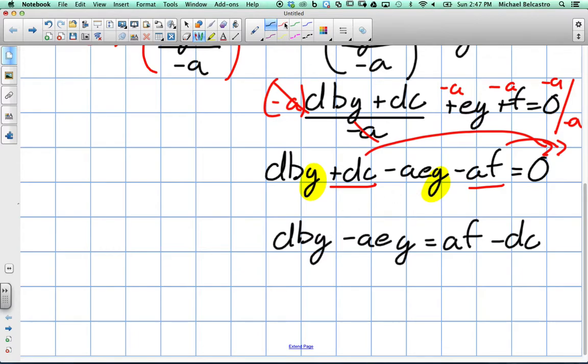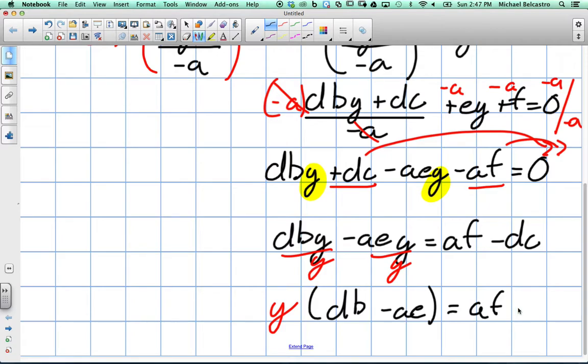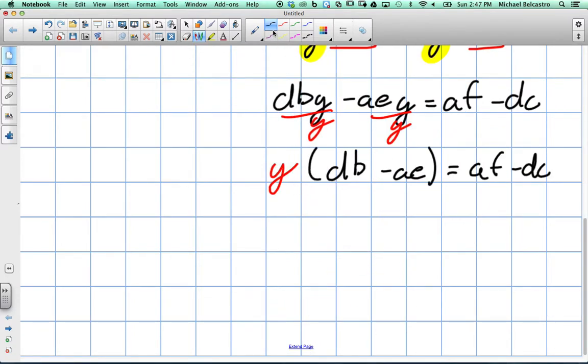Now here what we're going to do is something called common factoring. So we're going to common factor the y value out of this. It will become y outside the brackets, and we'll have db minus ae is equal to af minus dc. In order to isolate for y, because this is y times this bracket, we'll have to bring this entire bracket to the other side, and when we do that, it'll become division. So this will become like one large fraction over the other.